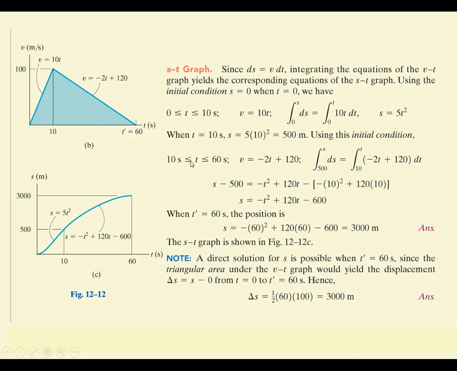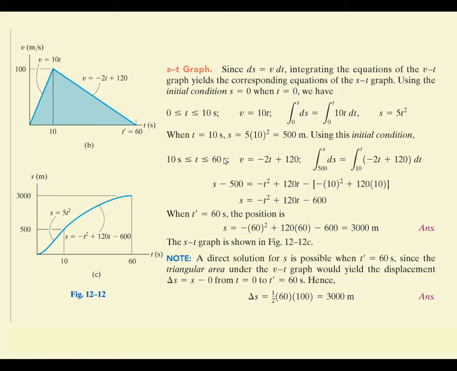Using the initial condition, we'll use it on the next one, between 10 and 60 seconds. v is minus 2t plus 120.